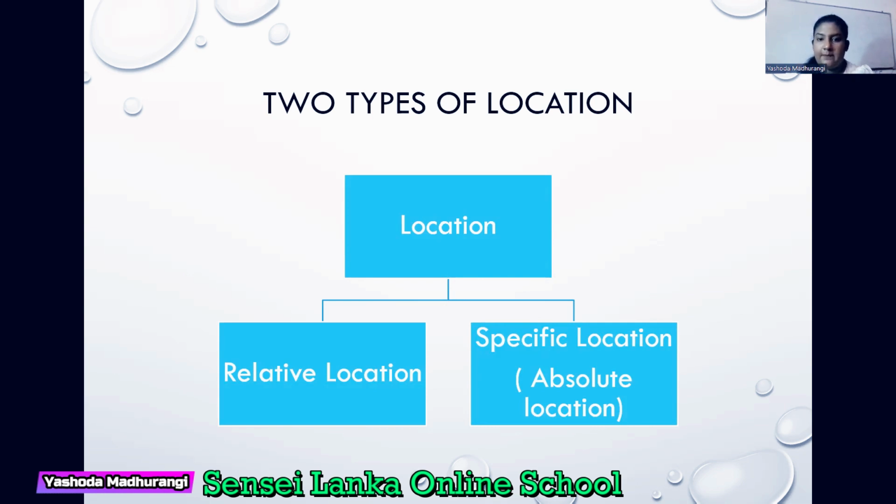It is another name. That is why I gave it in brackets. Now do you understand the two types of location? If we want to tell the location of any country, we can use relative location and also specific location.